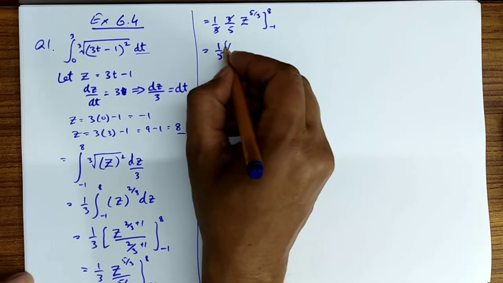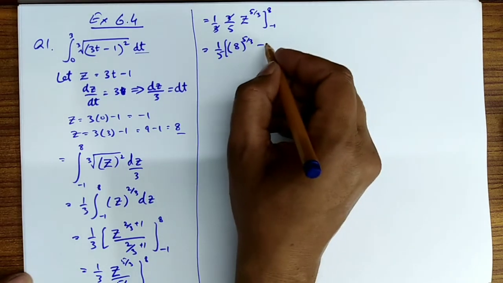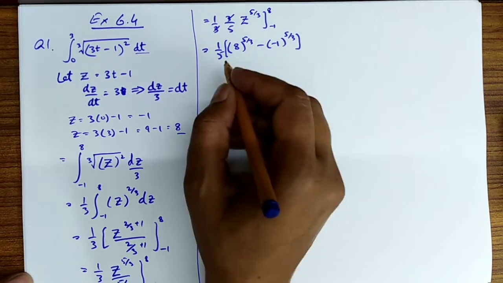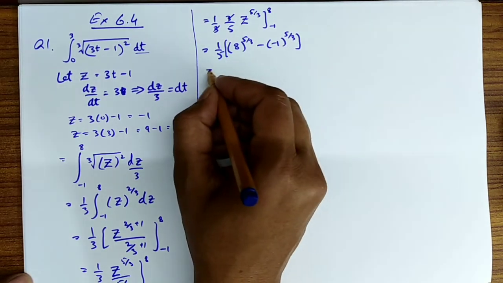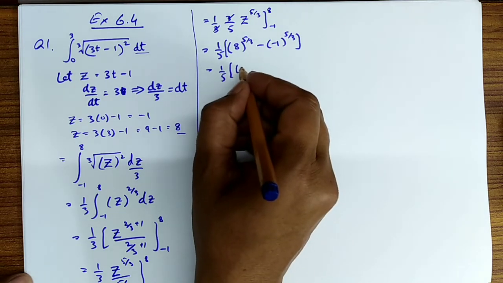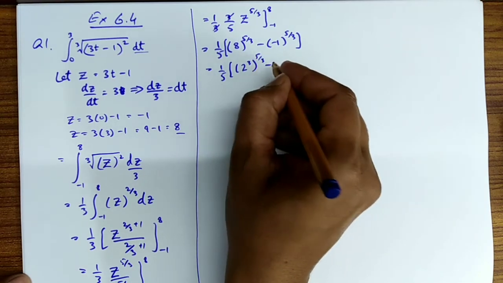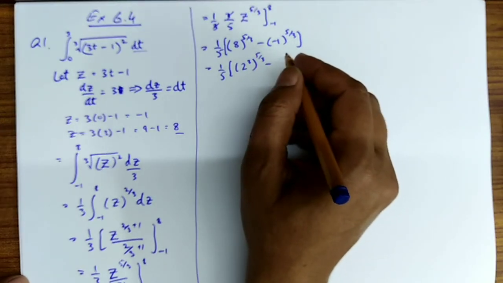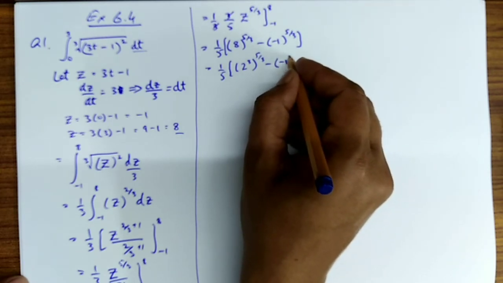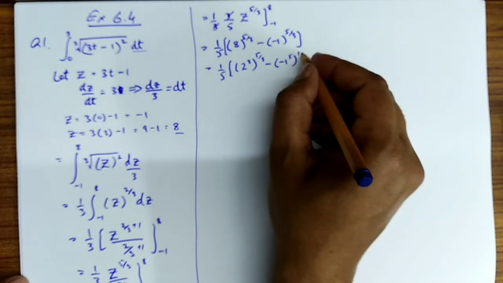In place of z, I'm going to write 8, 5 upon 3 minus, into minus 1, 5 upon 3, bracket closed, right? 1 upon 5. In place of 8, I'm going to write 2 power 3, 5 upon 3 minus, in place of minus 1, taking fifth power of minus 1, and 1 upon 3 is outside.